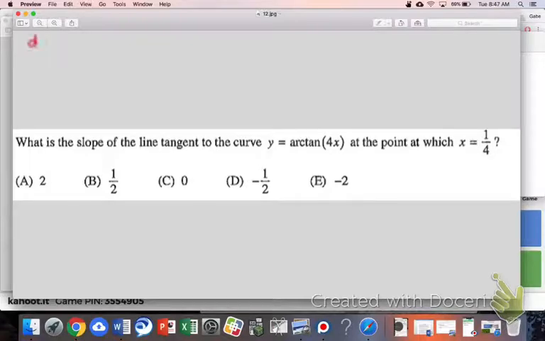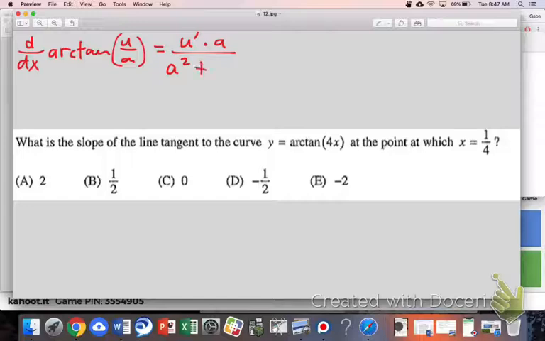If you're going to do the derivative of arctan of u over a, that's equal to u prime times a over a squared plus u squared. So u just stands for some function in terms of x, and in this case, the u would be 4x, right? And the a value would be 1. So you could write that in here if you want, 4x over 1.